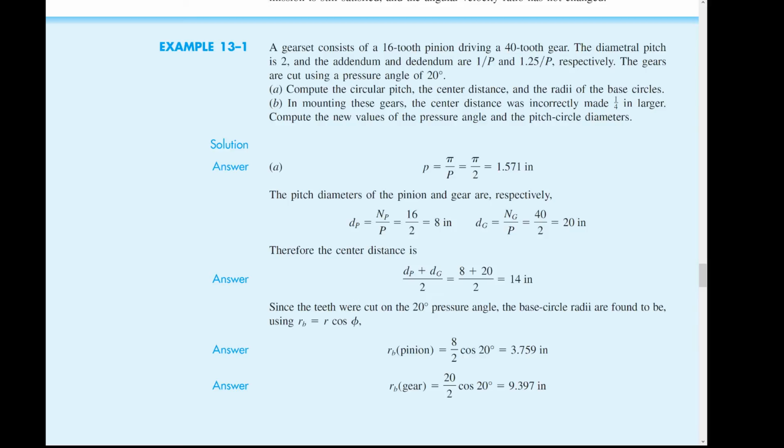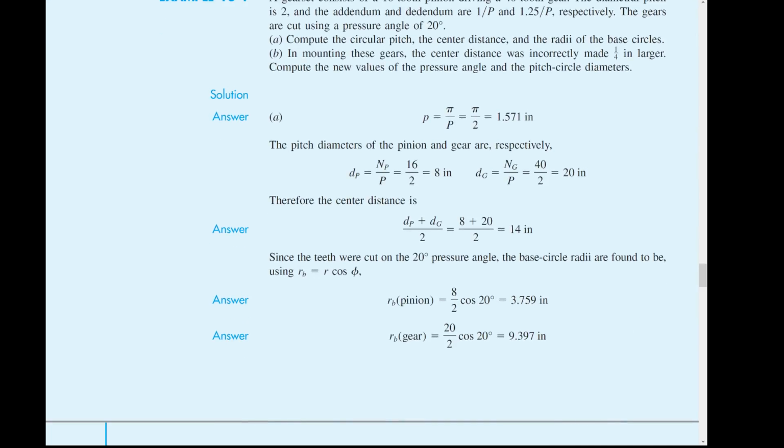The pitch diameters of the pinion and gear are respectively dp equals Np over P, 16 teeth over 2, which is 8, and dg equals Ng over P, 40 teeth over 2, which is 20. Therefore, the center distance is dp plus dg over 2, that's 28 over 2, which is 14.